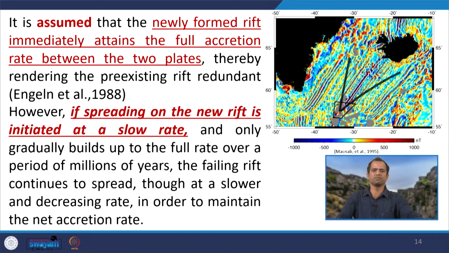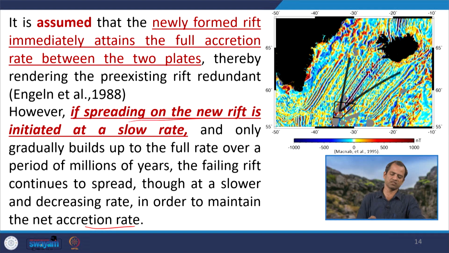However, if the spreading on this new rift is initiated at a slow rate and only gradually builds up to the full rate over a period of millions of years, the failing rift continues to spread at a slower and decreasing rate in order to maintain the new accretion rate. So, that means it is a gradual process, and maybe it is abrupt depending upon the geological condition, and maybe gradual depending on another set of geological conditions.